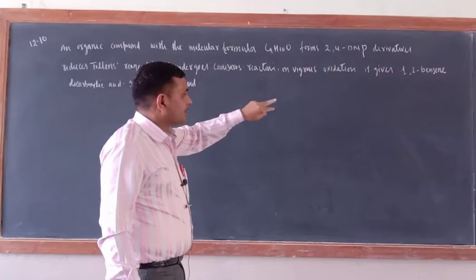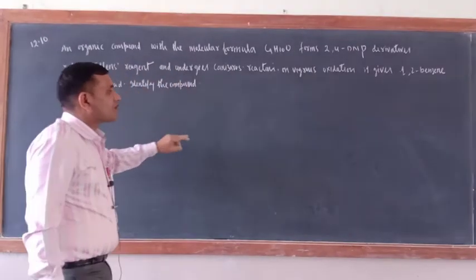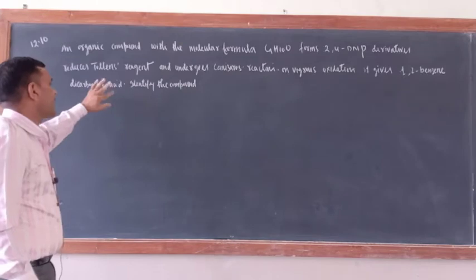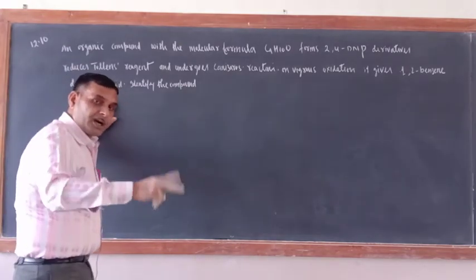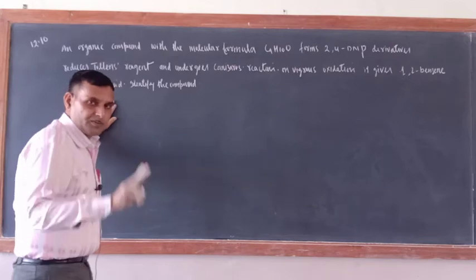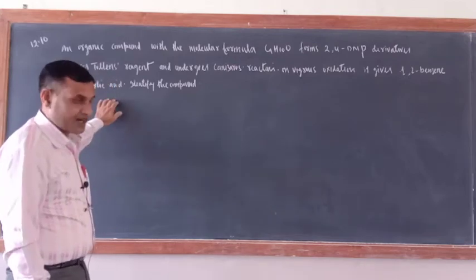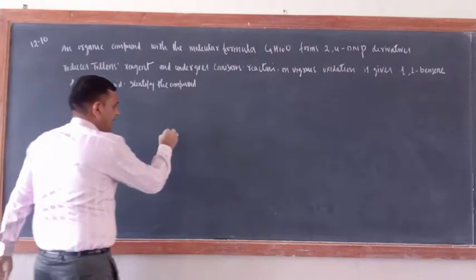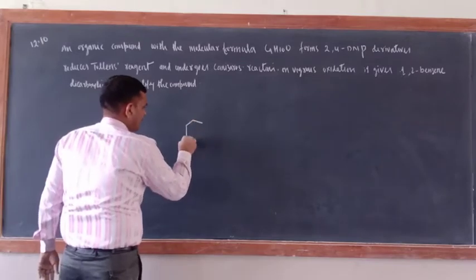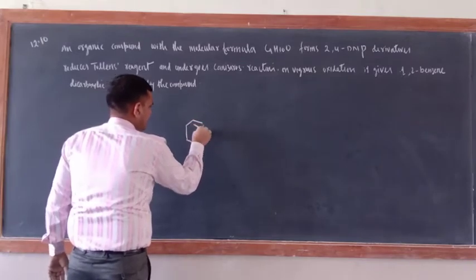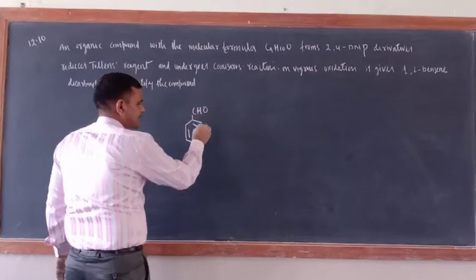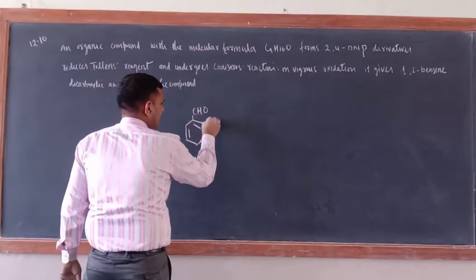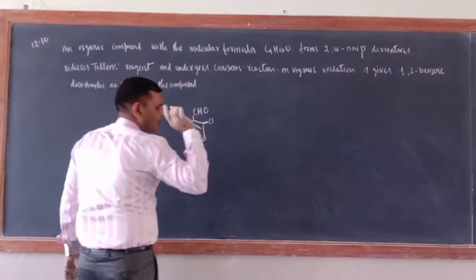On vigorous oxidation, it gives 1,2-benzene dicarboxylic acid. See, 1, 2 continuous COOH groups are there. It means the aldehyde is this one: CHO, and here an alkyl group is there.